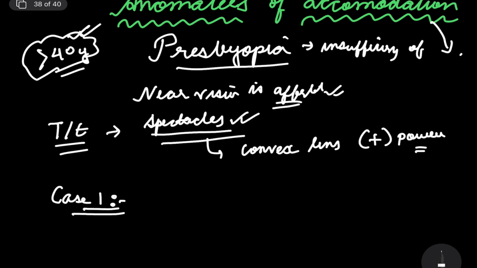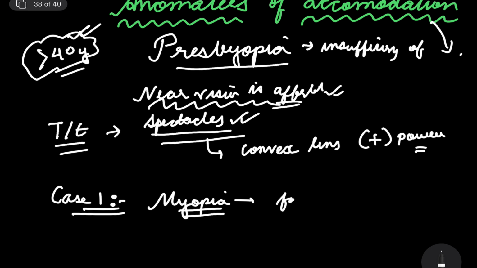Suppose a patient already has spectacles for myopia. What is myopia? Myopia is basically the opposite of presbyopia. In presbyopia, near vision is affected, right? But in myopia, far vision is affected.